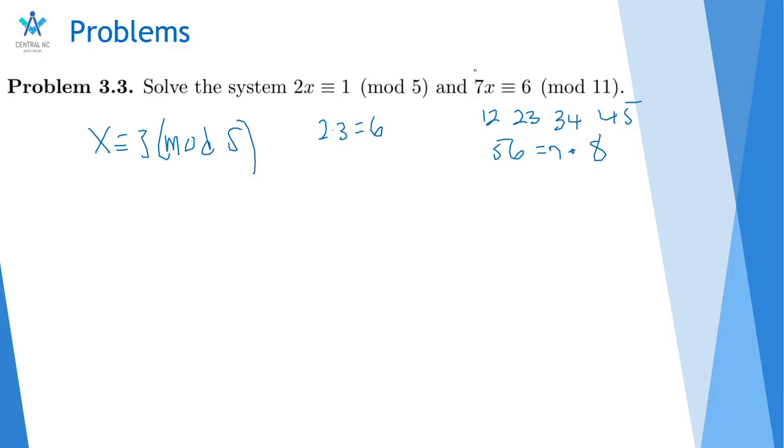So if we multiply both sides by 8 here, we'll get x is congruent to 48, which is congruent to 4 modulo 11. So we get x is congruent to 4 modulo 11.